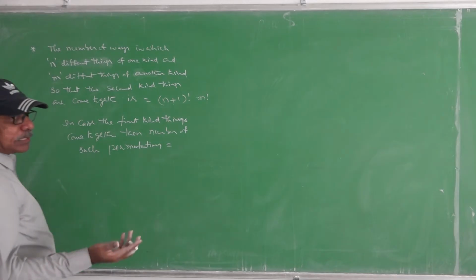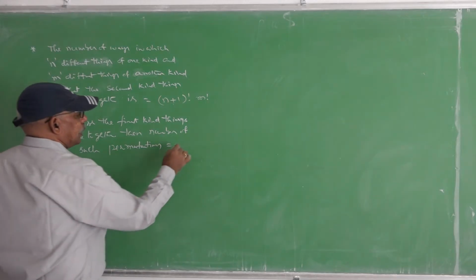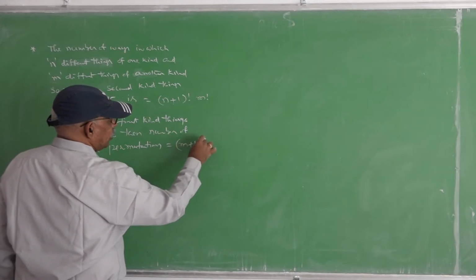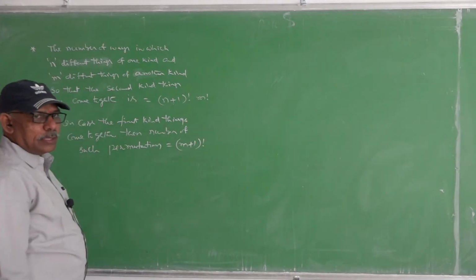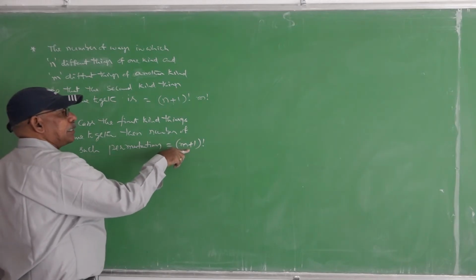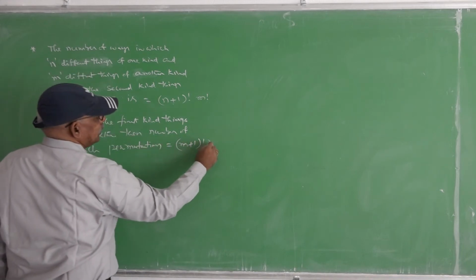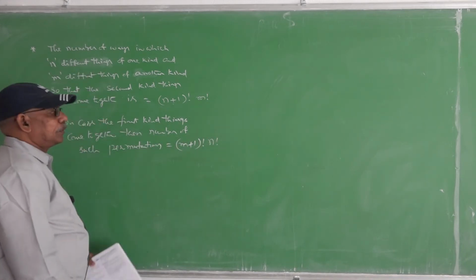That means in such a case the total number of things becomes m plus 1. That m plus 1 things may be arranged in a row in m plus 1 factorial ways. In each such arrangement, internally these n different things may be arranged in n factorial ways.